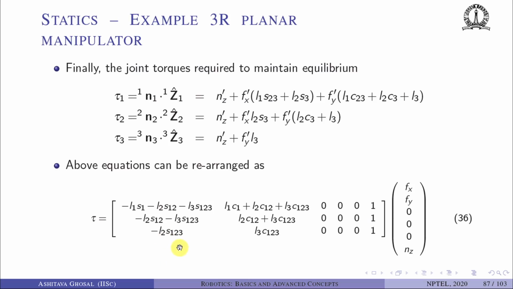Okay, the last row, for example, is minus L2 S123, L3 C123, 0, 0, 0, 1. So if you look a little bit carefully at this matrix, you can see that you have seen this matrix before.